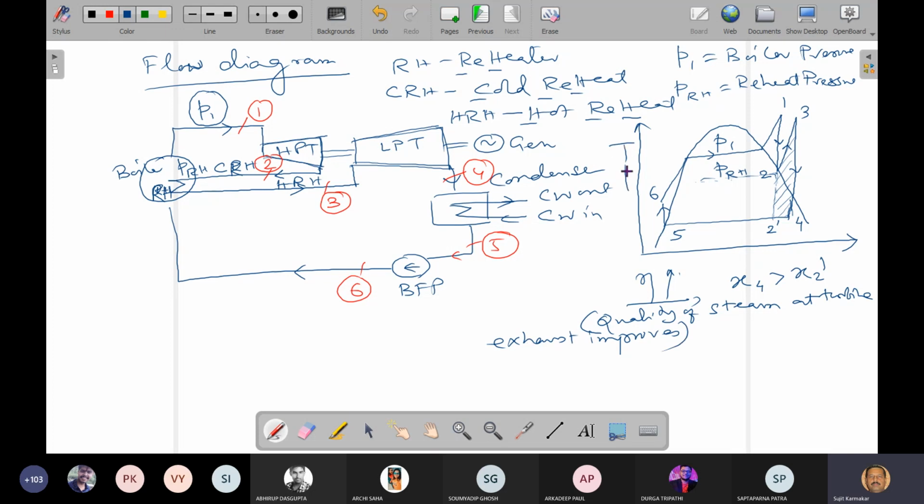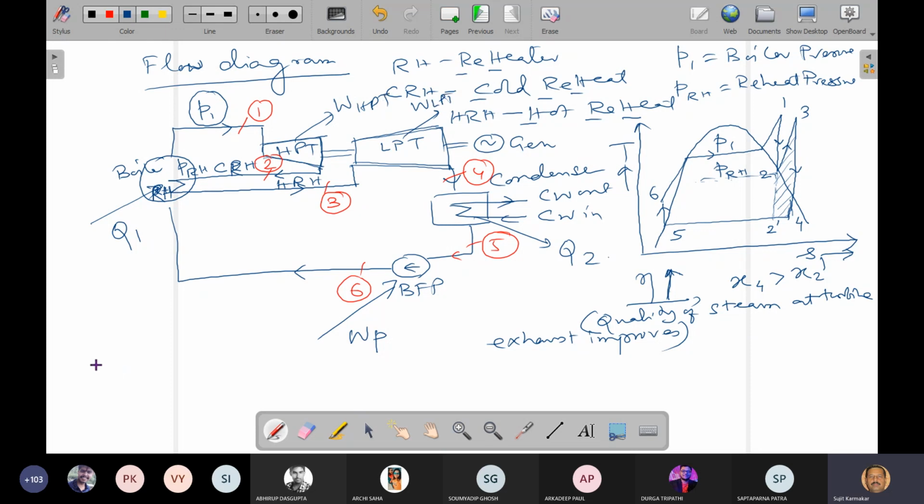So this is the TS diagram. In this case this is Q1. This condenser side is Q2. This is W pump, and this is WHP turbine, and this is the WLP turbine, HP turbine and LP turbine.